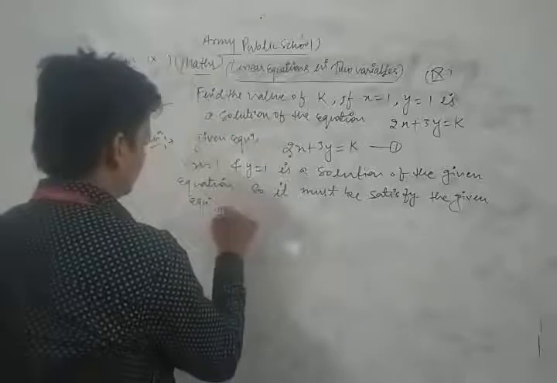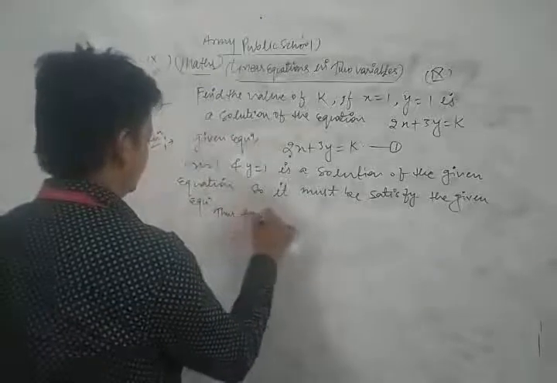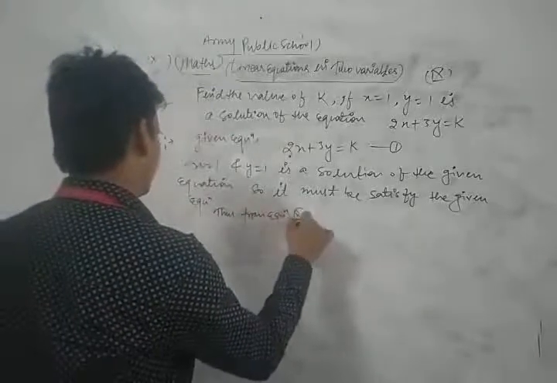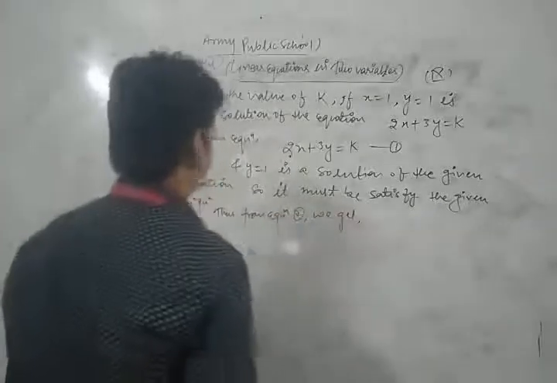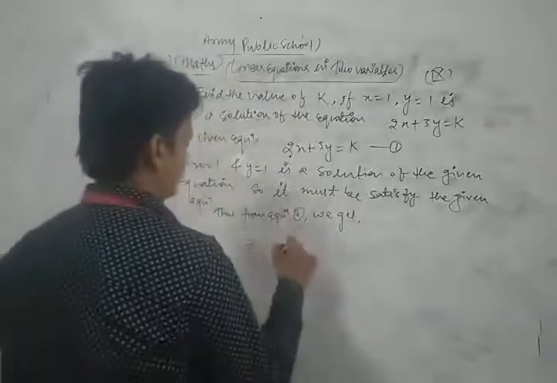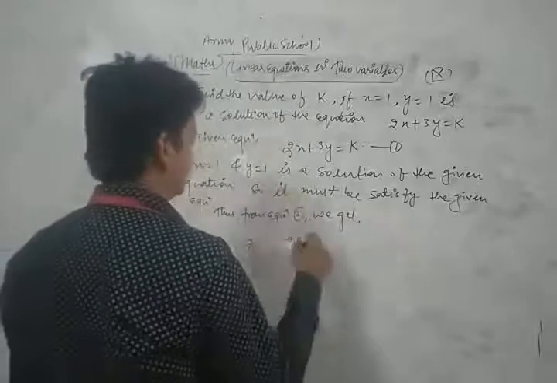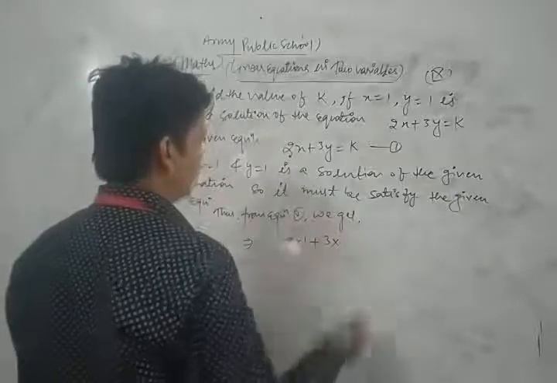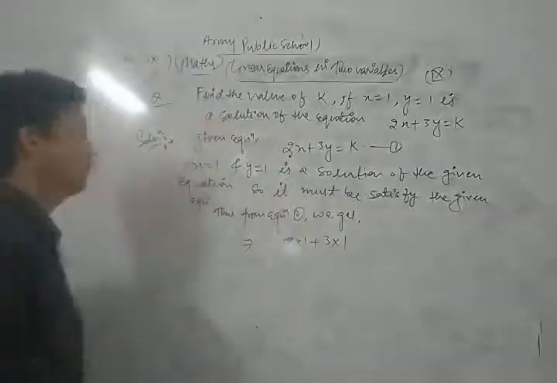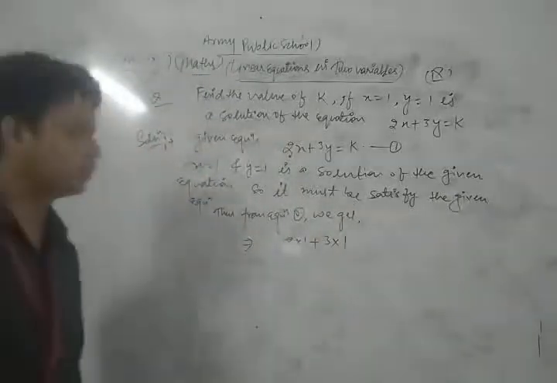Thus from equation 1 we get 2 into the value of x, which is 1, plus 3, the value of y, which is also equal to 1, equals k. Okay, now we put the value of x and y, both equal to 1.